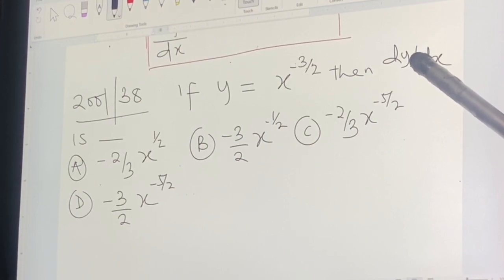A is minus 2 over 3 of s raised to the power of 1 over 2. Option B is minus 3 over 2 of s raised to the power of minus 1 over 2. Option C is minus 2 over 3 of s raised to the power of minus 5 over 2. Option D is minus 3 over 2 of s raised to the power of minus 5 over 2.